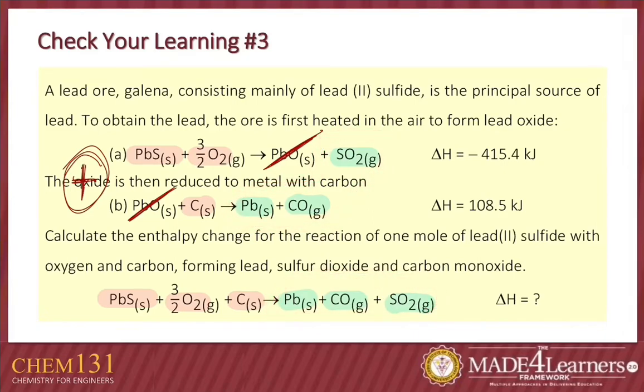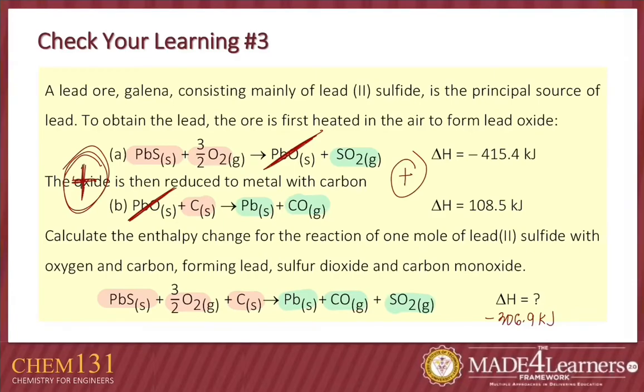So, adding them, we will also add the change in enthalpies. And our change in enthalpy, therefore, is negative 415.4 plus 108.5. And our answer is negative 306.9 kilojoules.